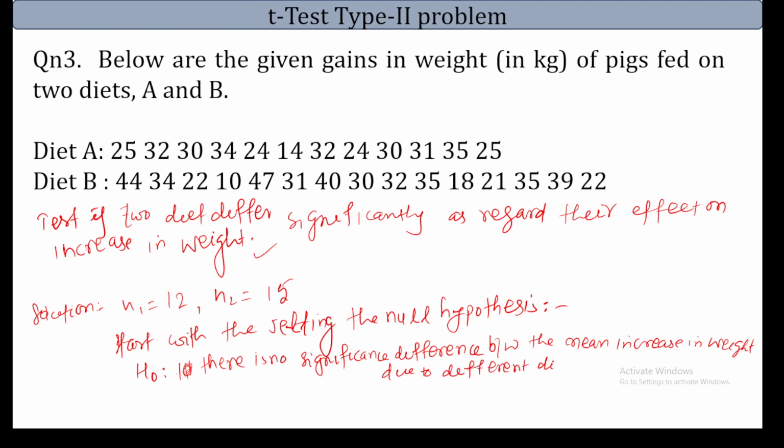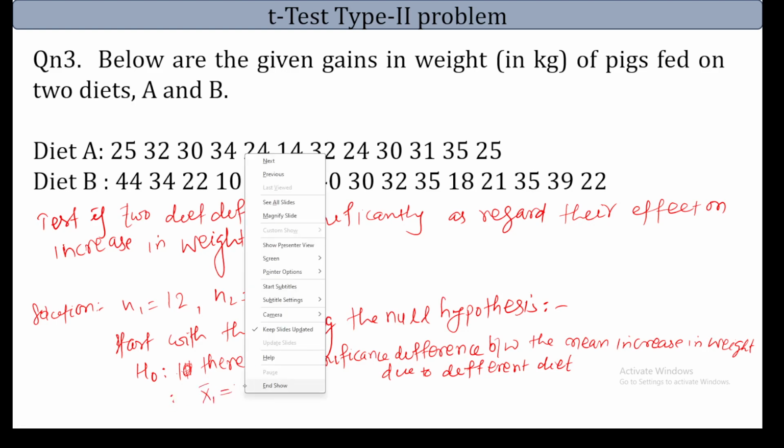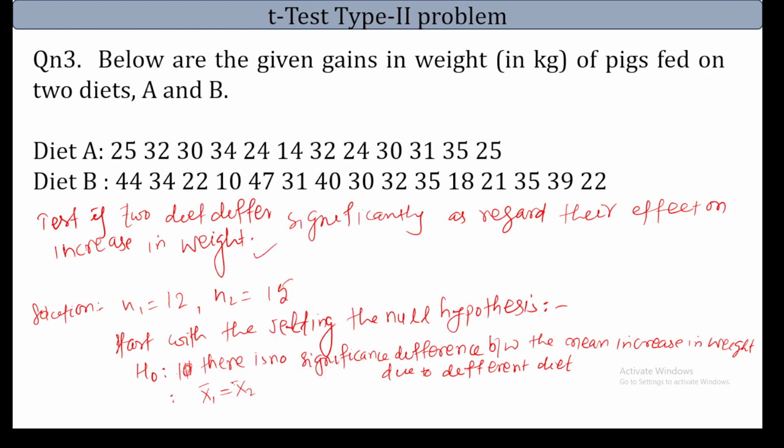Shall we write like this? X1 bar is equal to X2 bar. Shall we write like this? Is it correct now? Yes, sir.